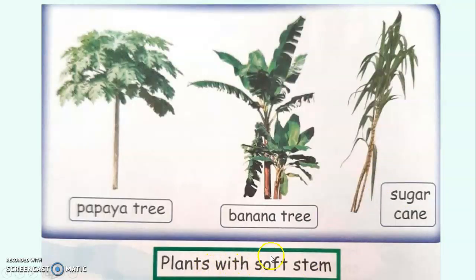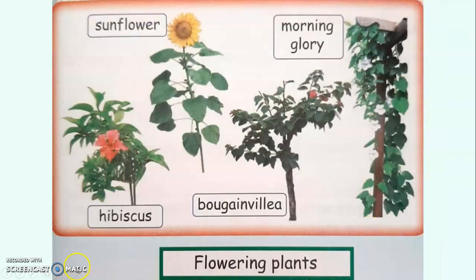Plants with soft stem. Batang yang lembut. For example, papaya tree, banana tree, sugarcane. Flowering plants. Plants that have flowers. Ada bunga. Look here. Number 1, bougainvillea. Hibiscus. Sunflower.